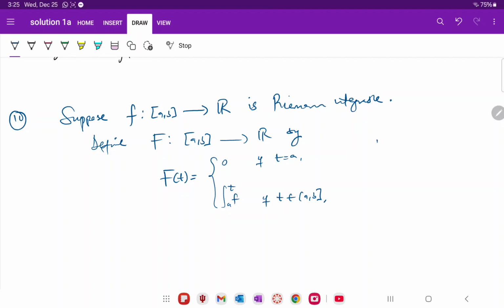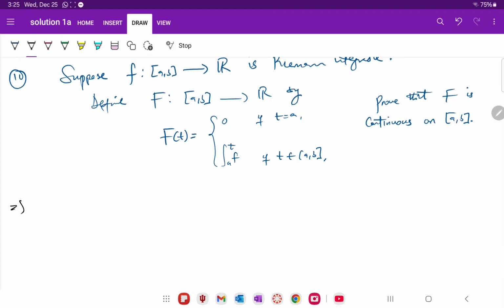So we have to prove that F is continuous on [A, B].